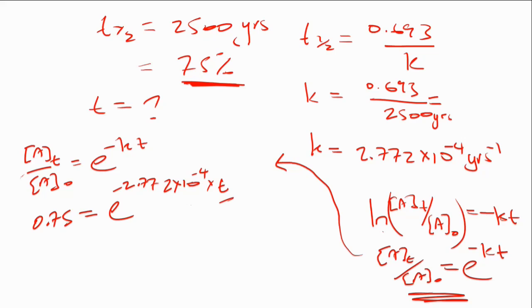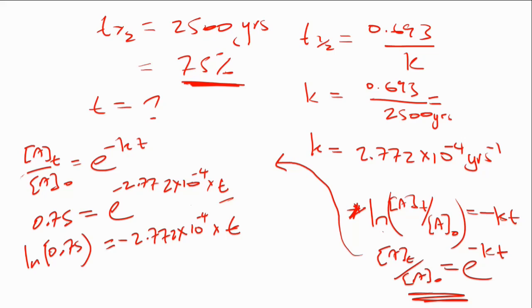To get rid of the exponential function, let's take the natural log of 0.75. If we take the natural log of this side, then this is what we end up with: minus 2.772 times 10 to the minus 4 times t. We could have used this expression right here because we're going right back to it. Let's see what the natural log of 0.75 is.